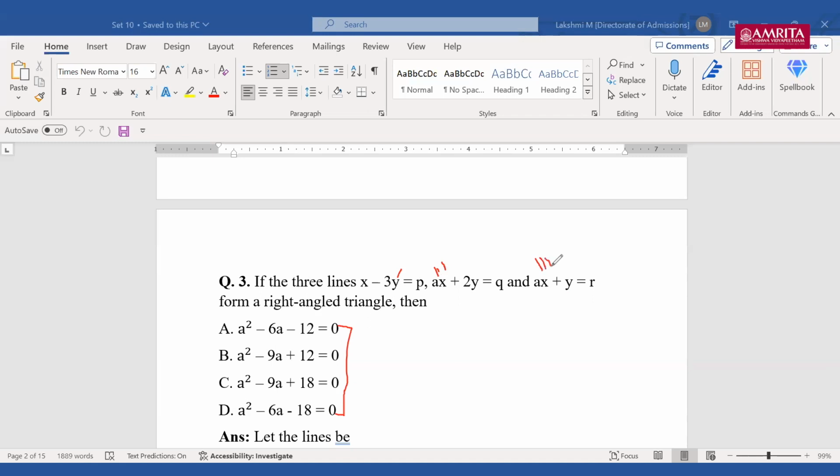So if you know the condition, then you can work for these three lines, find out the value of A, substitute it here and find out which one it satisfies.